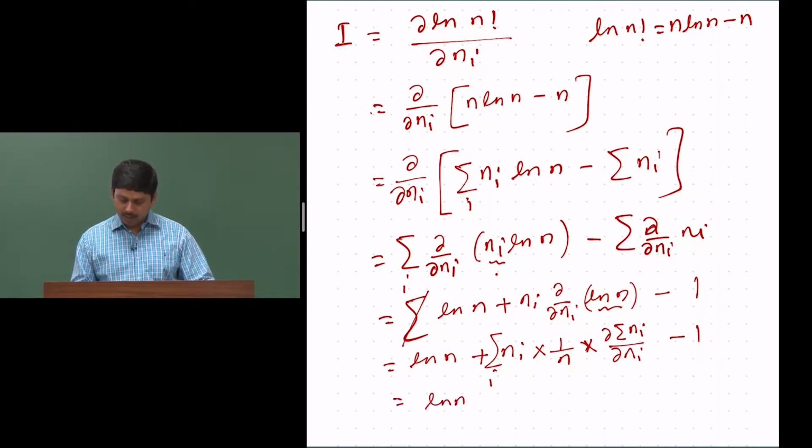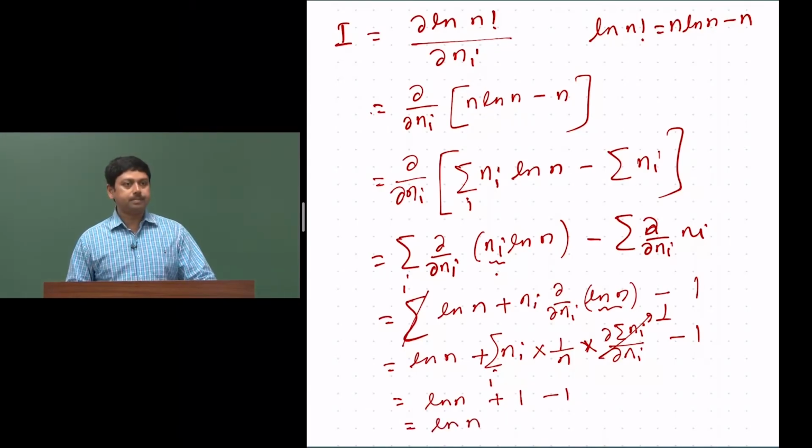So, then it is ln n. Now, this term is going to be 1, and the sum of ni by n is going to be 1, so 1 minus 1, and you are going to get ln n.